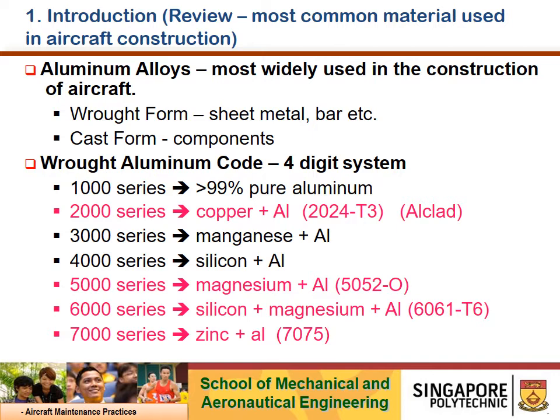The 4-digit series system identifies the type of alloy found in the aluminum. 1000 series states that it's pure, 99% aluminum. 2000 series, the main alloy for aluminum will be copper. 3000 series, the main alloy in the aluminum is manganese. 4000, silicon. 5000, magnesium. 6000, silicon and magnesium. 7000 series, the main alloy will be zinc.